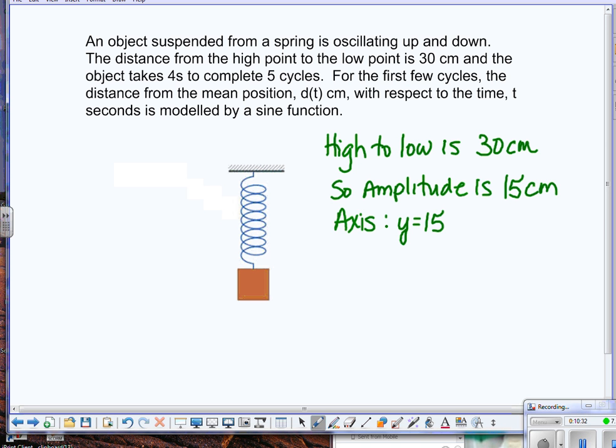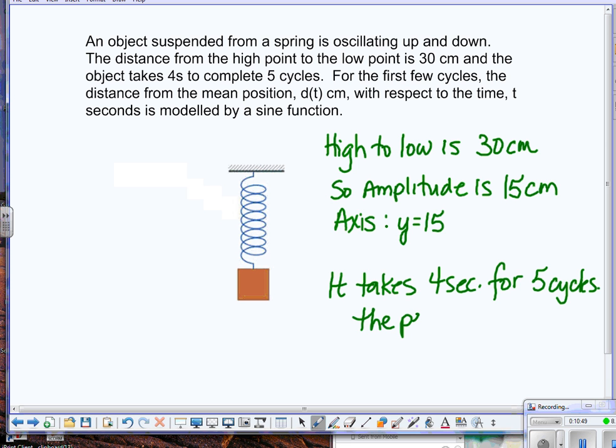We also know about the time. It takes 4 seconds for 5 cycles. So the period, which is the time for one cycle, is 0.8 seconds.